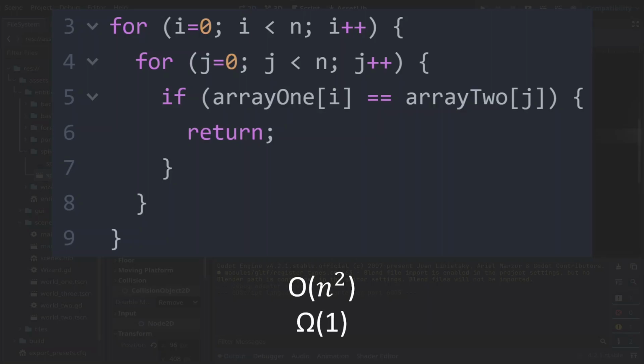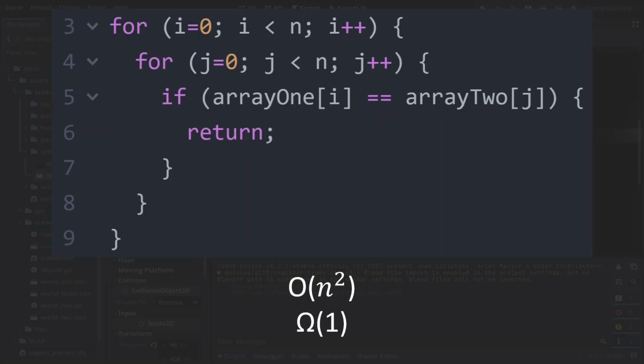Now, why is this? Let's look at what this algorithm is doing. We can tell by the exit condition that this algorithm is comparing two arrays. In the worst case scenario, the comparison that this algorithm is searching for is at the end of both arrays, requiring both arrays to be fully stepped through. Hence, we get our big O of n squared. However, this also introduces a big difference for the best case scenario, e.g. big omega.